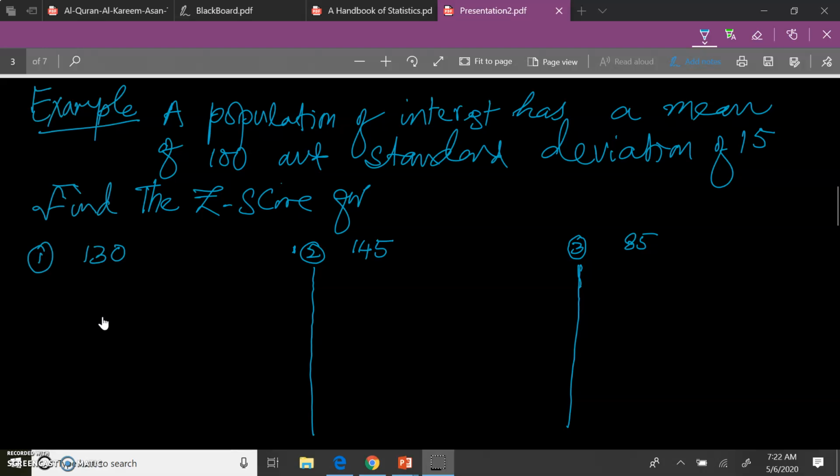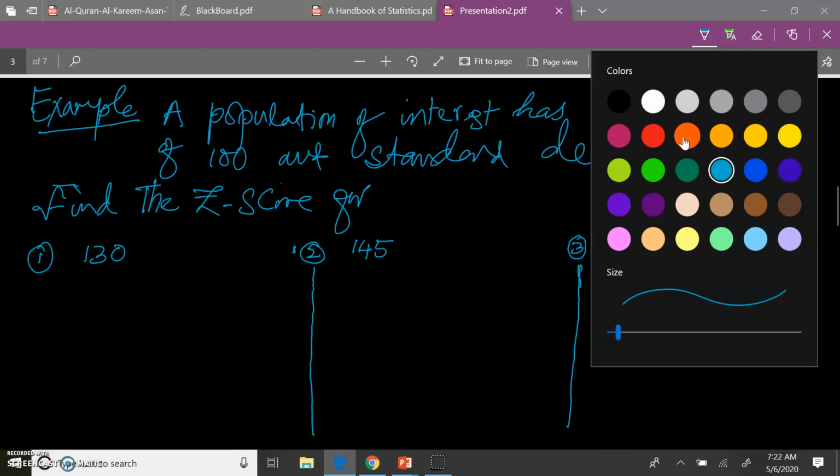In order to understand the idea, we take an example. A population of interest has a mean of 100 and a standard deviation of 15. Find the z-score for three cases: 130, 145, and 85. I will show you how the computation is done by hand; there is also an Excel command available for that.